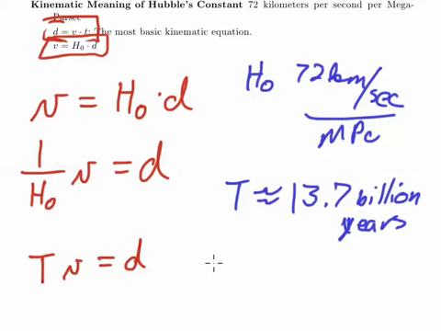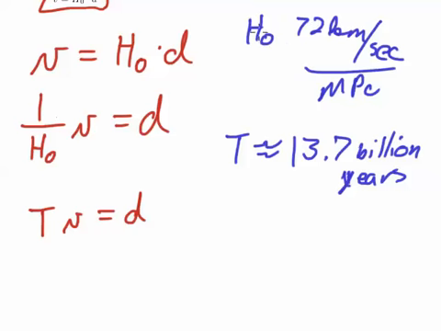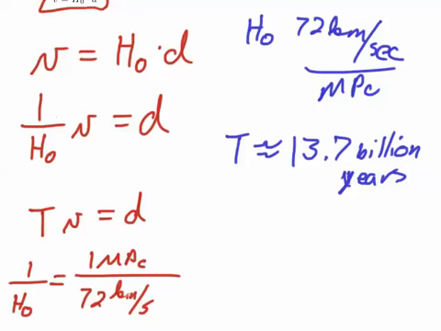So what I want to do is show you that 1 divided by 13.7 billion years is equal to 72 kilometers per second per megaparsec. So what I'm going to do is start with 1 over h naught, which is 1 megaparsec divided by 72 kilometers per second.